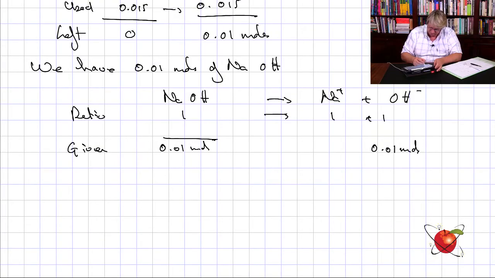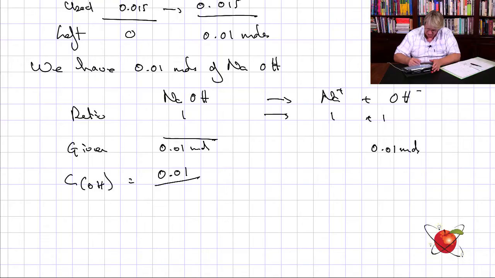It leaves us with the last thing: we now can say that, therefore, we've now got a concentration of OH. Let me just put that down there. The concentration of OH is equal to 0.01 divided by 80 milliliters.